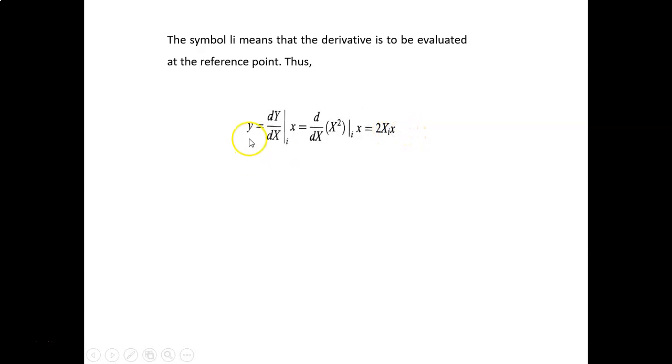Therefore, small y we are getting as 2xi into small x. Next, therefore capital Y is equal to, what is our equation? Yi plus small y. Therefore, substituting the value of small y in this equation, we are getting capital Y is equal to yi plus 2xi into small x.